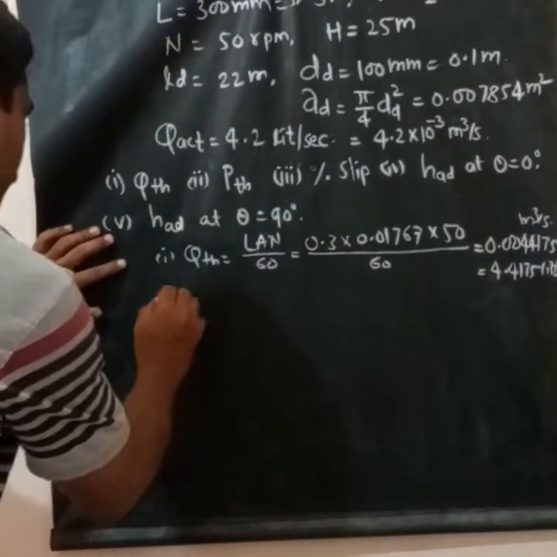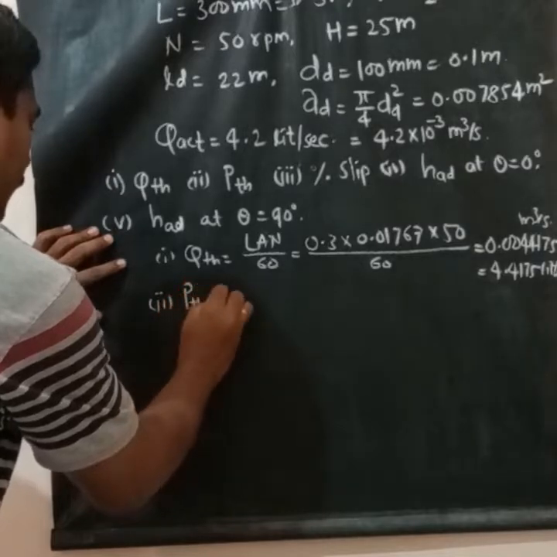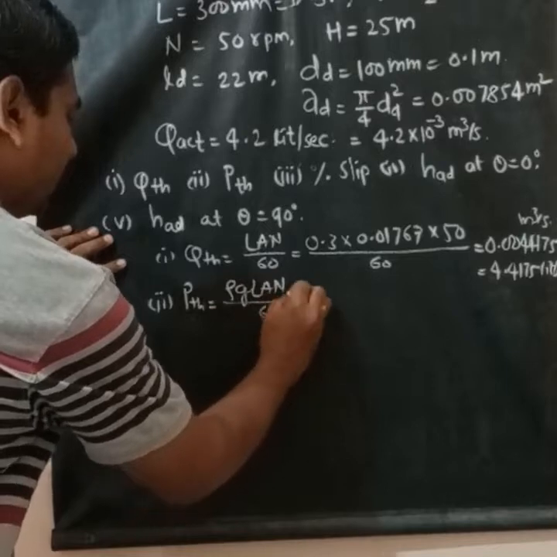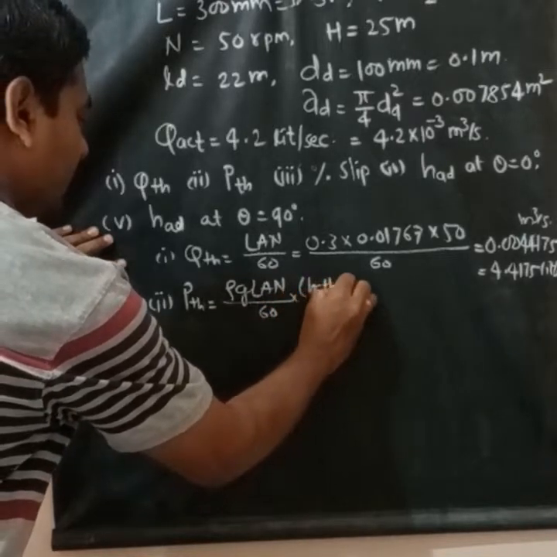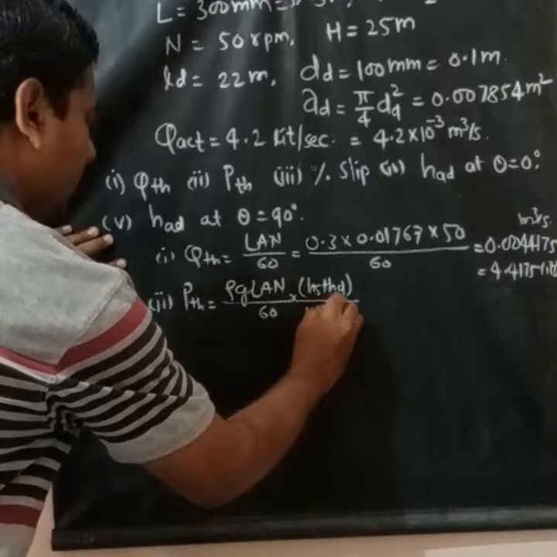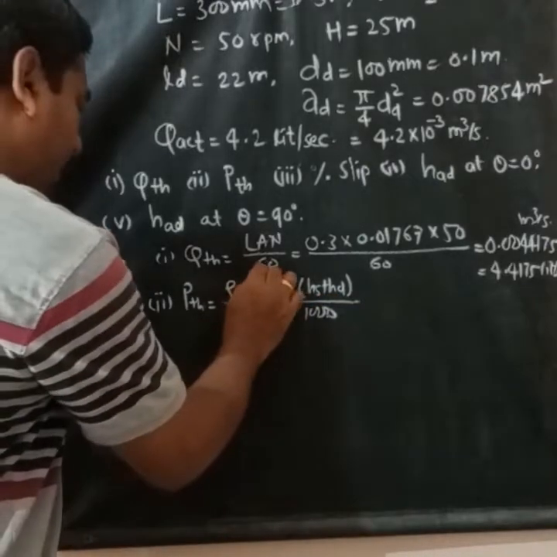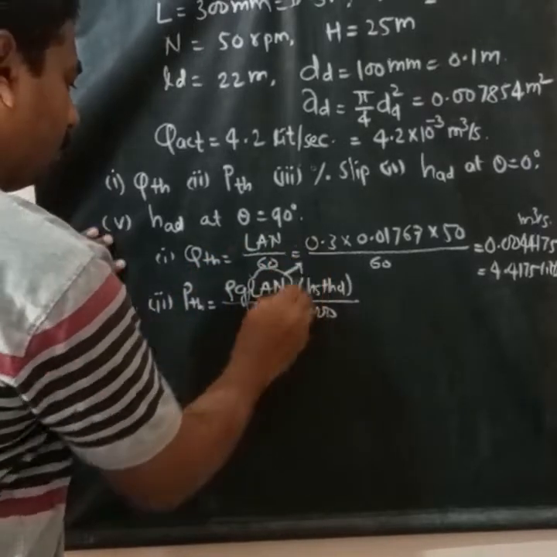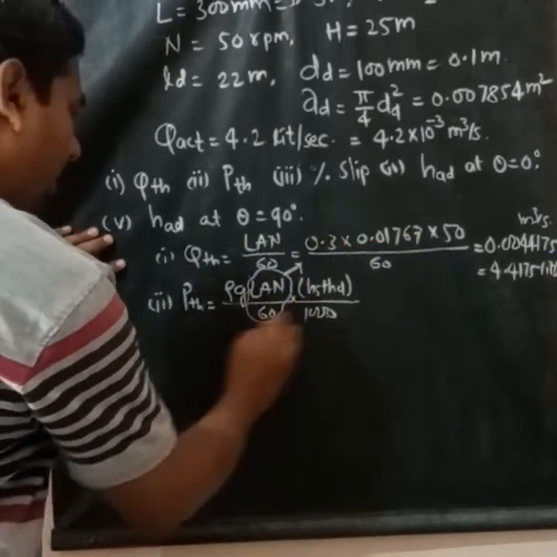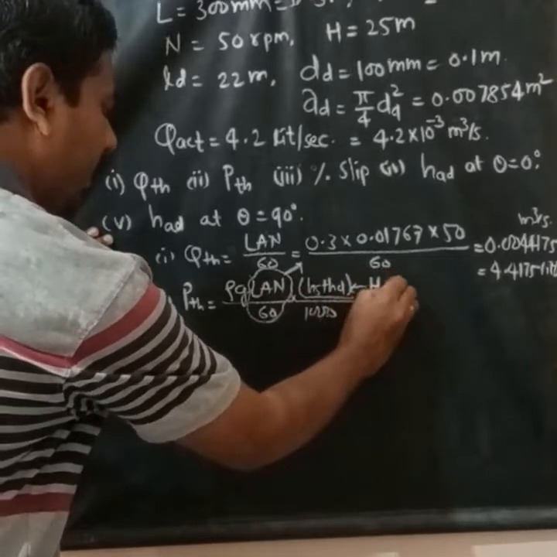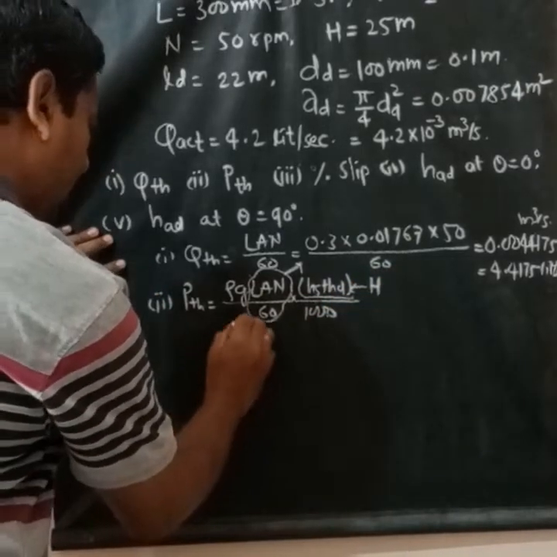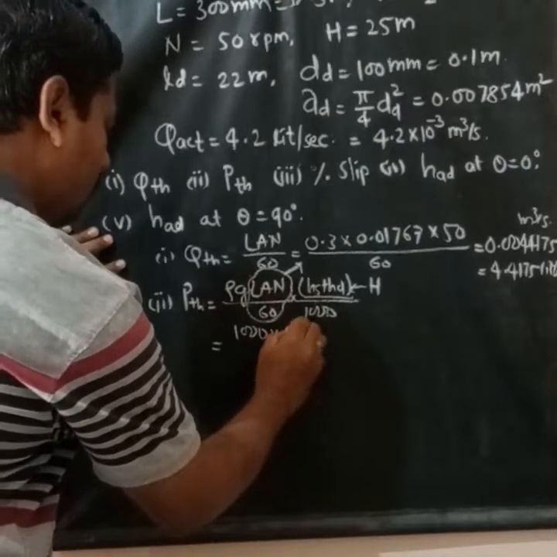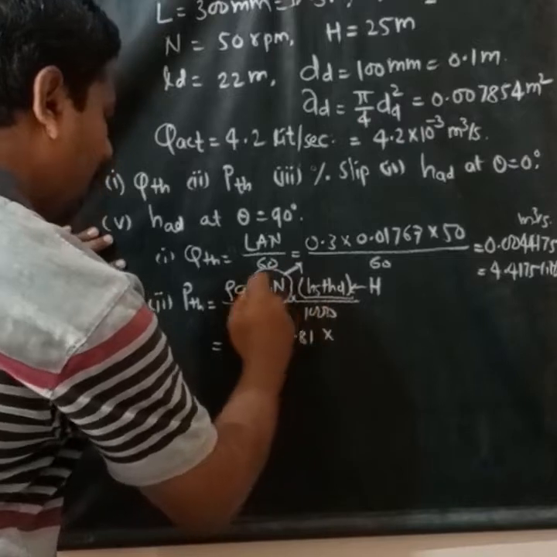Now the second one is P theoretical. It is rho g LAN by 60, into HS plus HD, upon 1000. LAN by 60 is the Q theoretical we found just above, and HS plus HD is representing capital H. So this is 1000, this is rho, this is g 9.81, into LAN by 60.